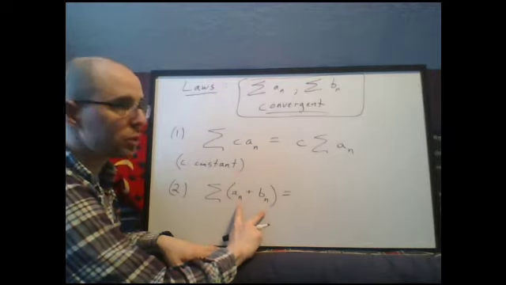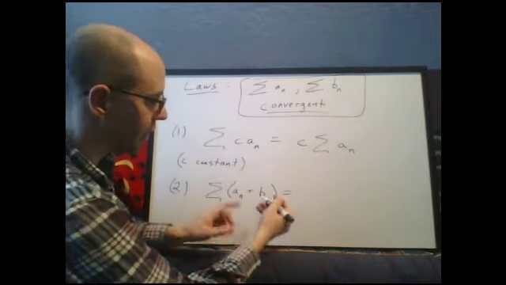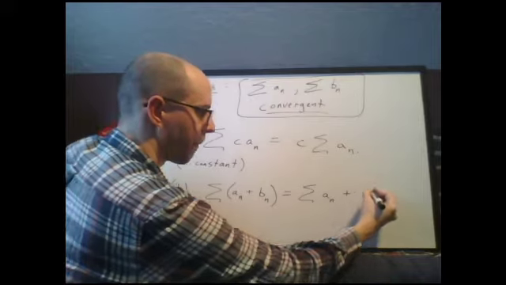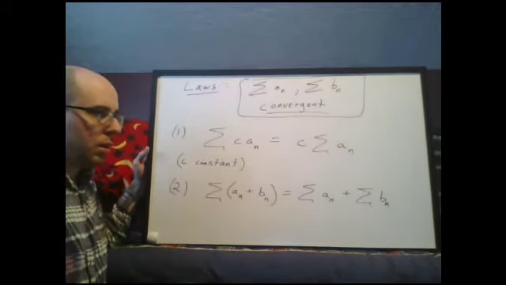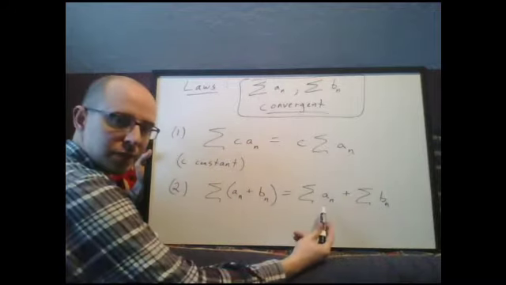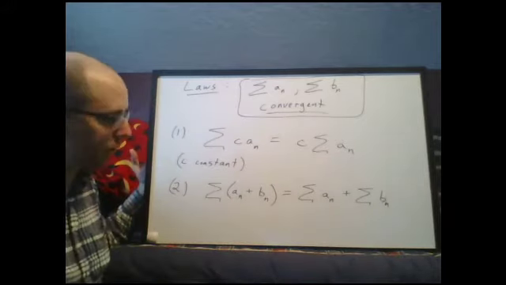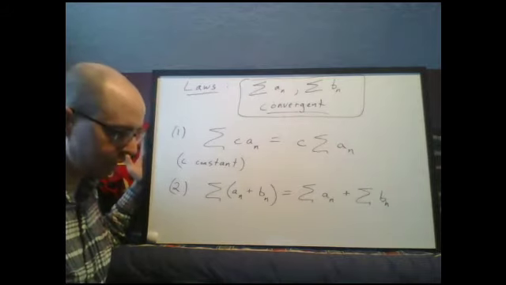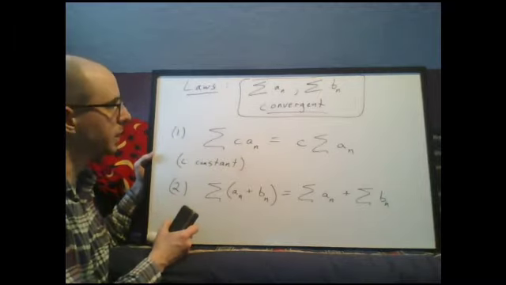If individually these two were convergent series, like we assumed up here, then I can split this up. And to figure out the answer for this, I just figure out the answers individually and add those together to get the final answer. Okay, so let me illustrate that with geometric series, and then let me illustrate the common mistake with this second law especially.